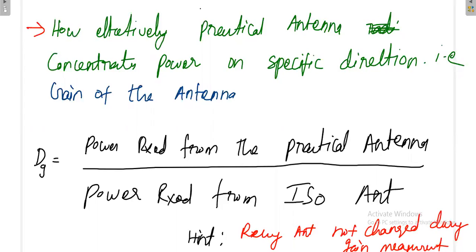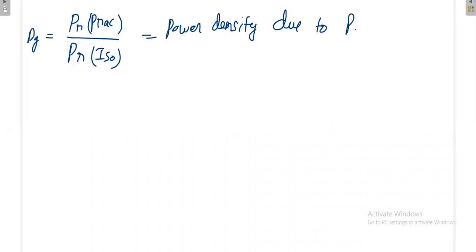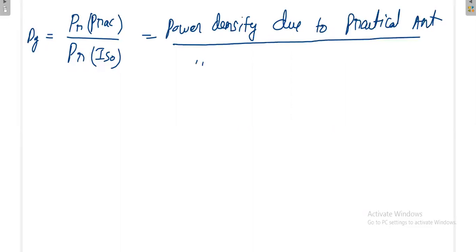So what is another definition? In another way I can write directive gain is equal to power density due to the practical antenna divided by power density due to the isotropic antenna.